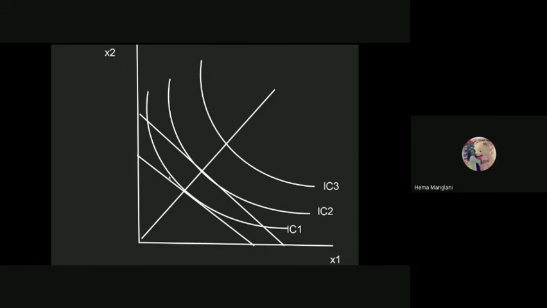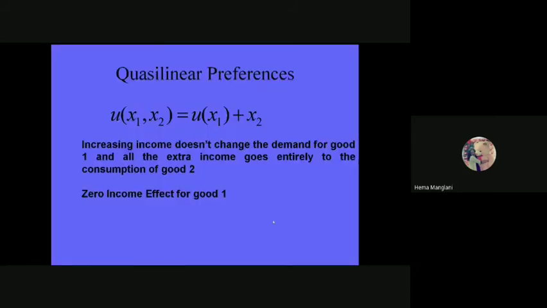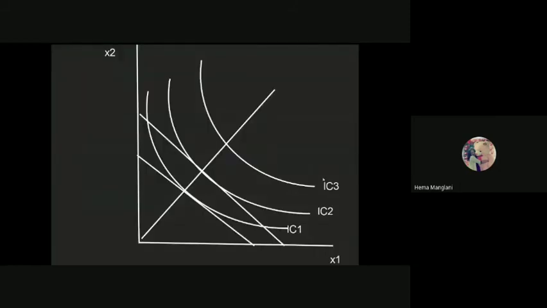The indifference curves IC1, IC2, and IC3 are also parallel to each other. So the homothetic preferences show that these are 45-degree lines. It means if you are increasing x1 and x2, that is in the same proportion both ways, and that is why we follow our preferences like this.